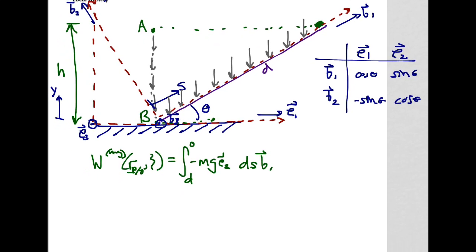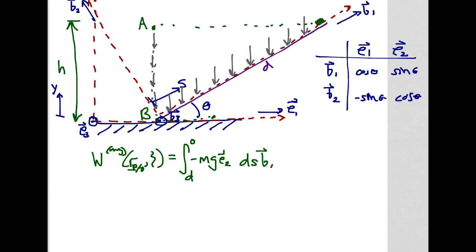Now, because we want to use this in terms of a path, we want to convert our basis where we have an E2 into the B frame. And so E2 is equal to sine theta B1 plus cosine theta B2.